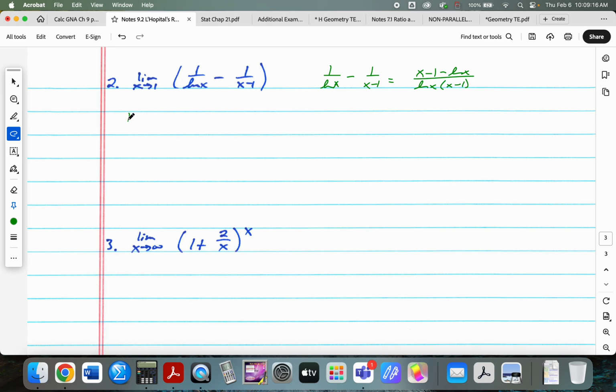So we'll try that limit. The limit as x approaches 1 of x minus 1 minus the natural log of x over the natural log of x times x minus 1.